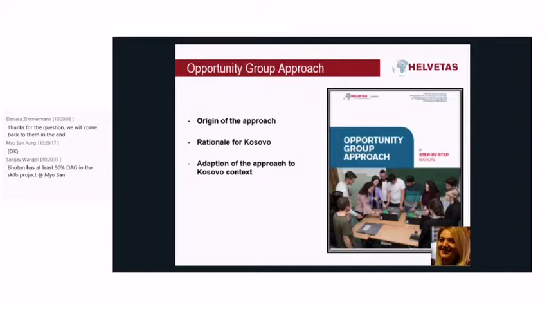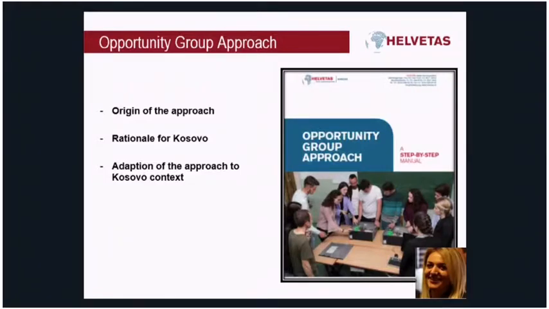The approach is now complemented with tools such as rapid market appraisal, and we also use the DACUM technique to develop training curricula. Both tools are used to ensure the groups get trainings which are appropriate, of high quality and employment oriented.